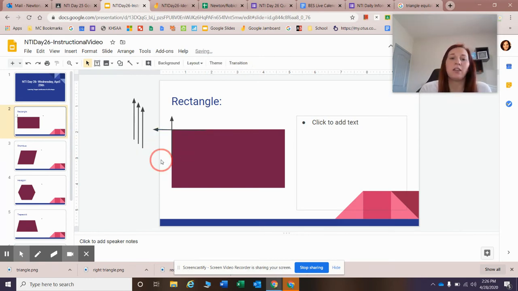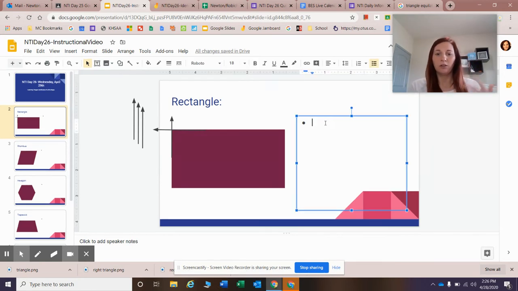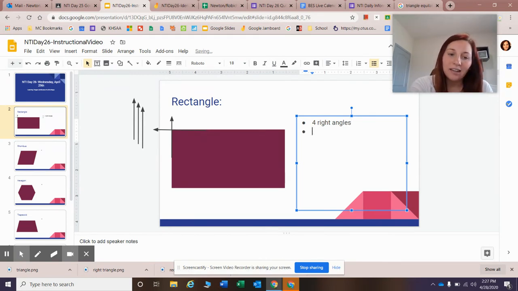We know that these two lines together form a 90-degree angle. So if we're just looking at angles, it has 4 right angles. We know that because right angles have 90 degrees. And we know that these line segments form 90-degree angles, so that tells us that they are perpendicular lines.